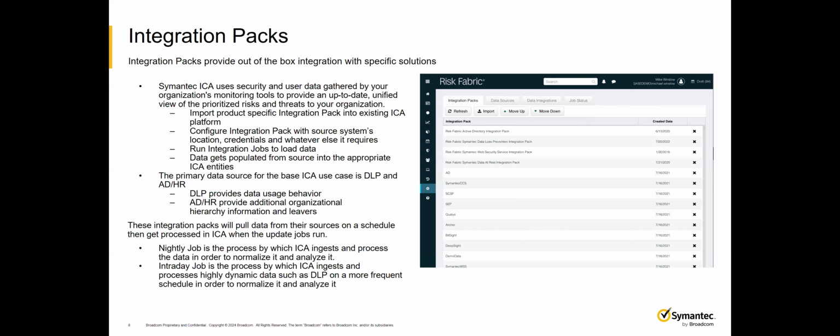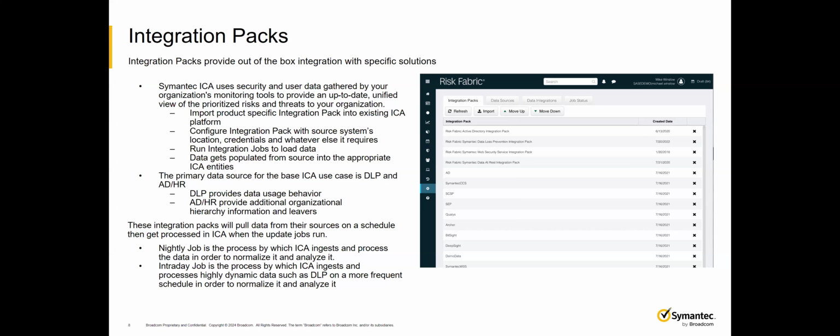But the main one is the second job, the nightly job, which runs of an evening, as you would expect. This is where data normality analysis happens. The risk analysis happens on all entities. Metric values are reported, and the data is indexed into those scenarios. So from an integration packs perspective, it's these two processing jobs that are pulling in the data and processing it.